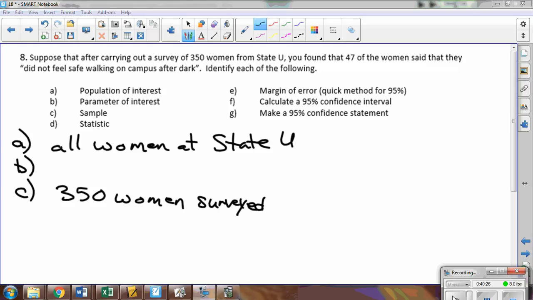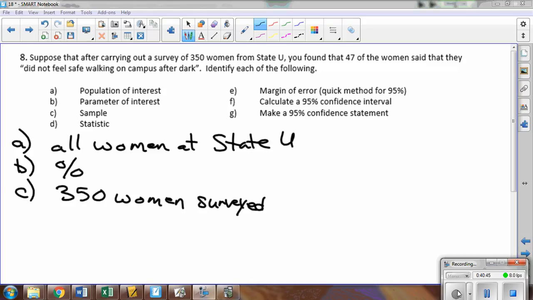Now, we know that right now our focus on confidence intervals is at an introductory level. And because it's an introductory level, the only type of parameter we're interested in are percentages.